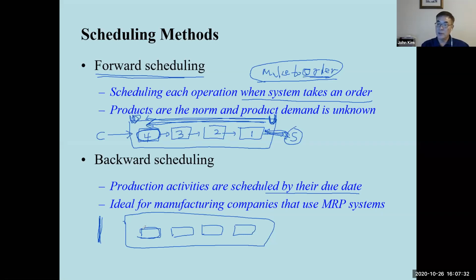Then this one should start at least 10 days earlier to meet the due date. So schedule this one. Supplier. So to meet due date, schedule this one first, second, third, and fourth. So from downstream to upstream, scheduling order this way. So this is now backward scheduling.